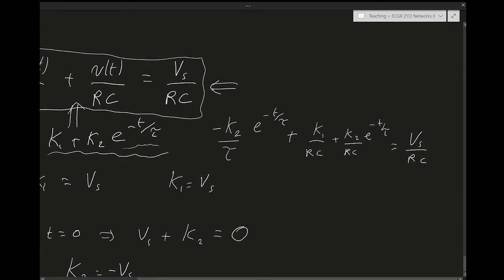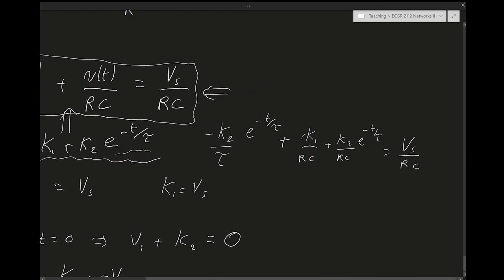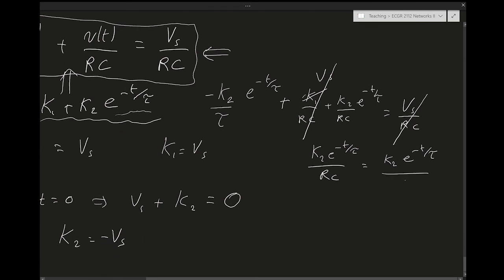Okay, but we already solved for K1. K1 is Vs. So I have Vs over RC on this side. I can cancel. So I take this to the other side. I end up with K2 e to the minus t over tau over RC equals K2 e to the minus t over tau over tau. I end up with tau equals RC.